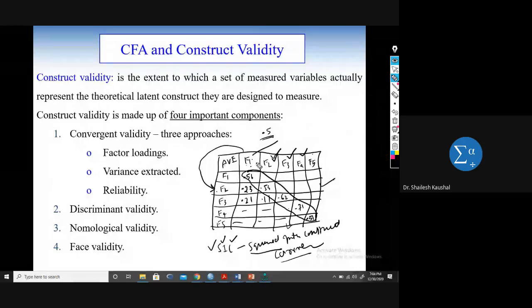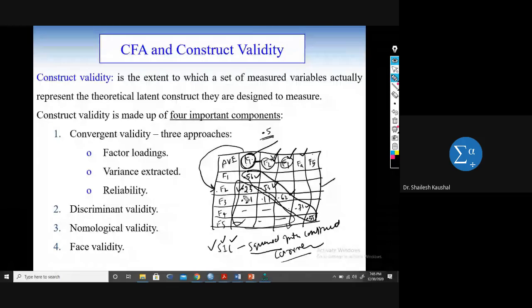Discriminant means this particular factor tells about a particular phenomenon, a particular construct, and another factor tells about a different construct. So how do we find whether all the variables are discriminating different concepts or not? Through this matrix, and the average variance extracted value should be greater than the off-diagonal values. These are the off-diagonal values.